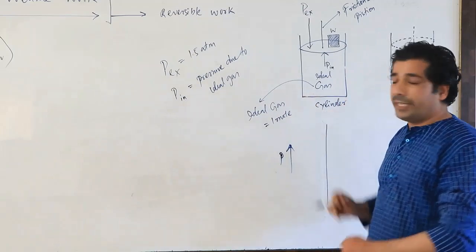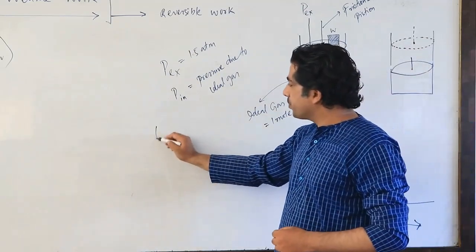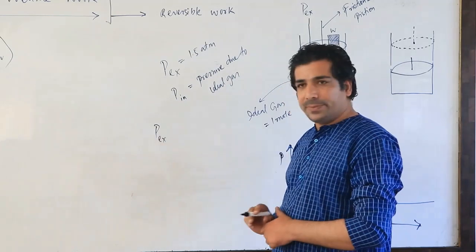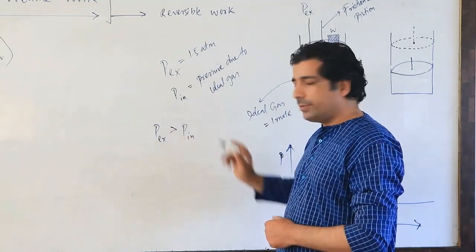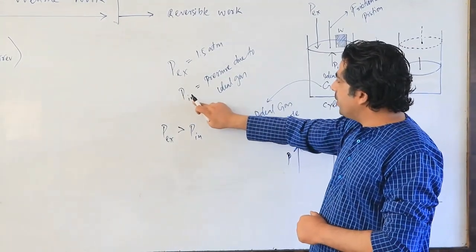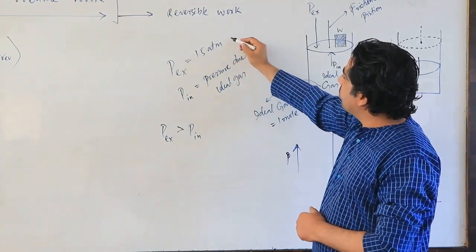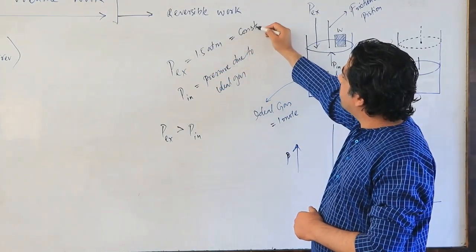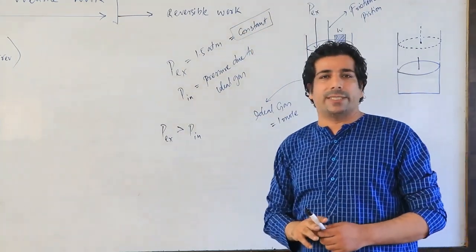In a cylinder, correct? Let us suppose for the time being, P external is greater than P internal. That means P internal should be less than 1.5 atmosphere. And let us suppose this 1.5 atmosphere is a constant external pressure now. I am not going to change the external pressure.